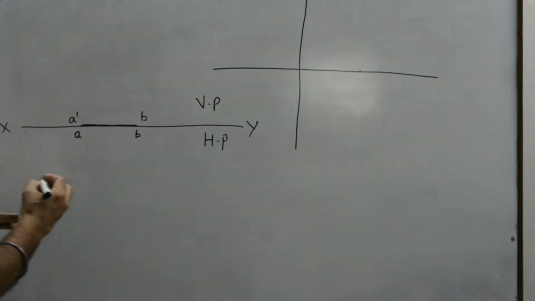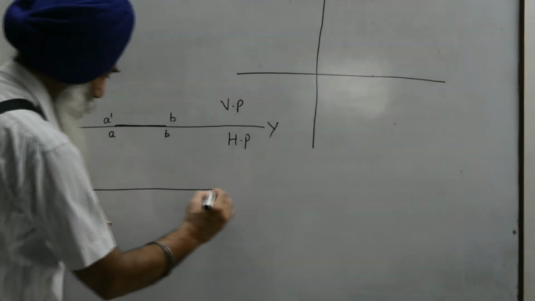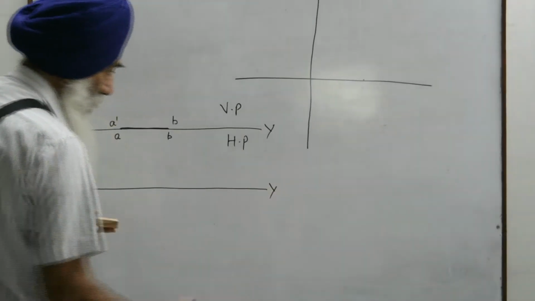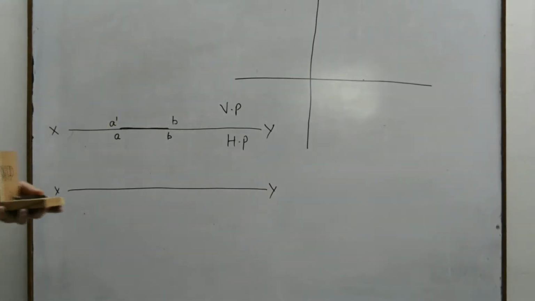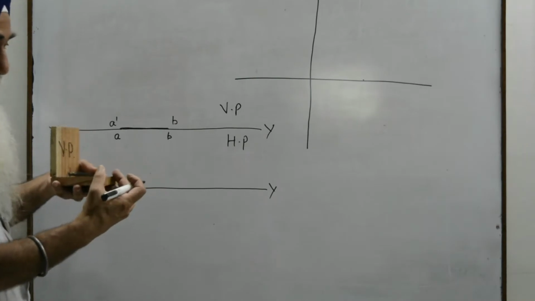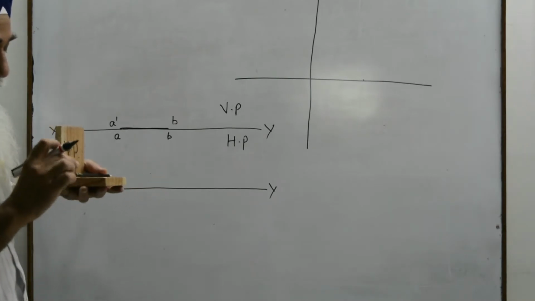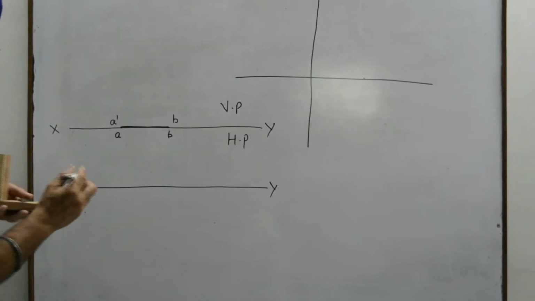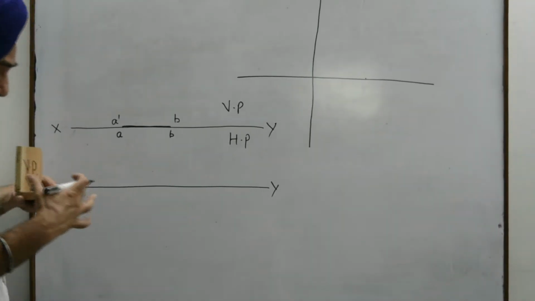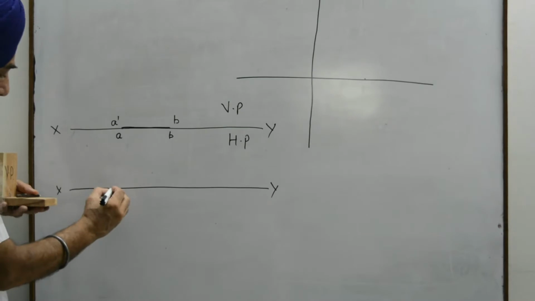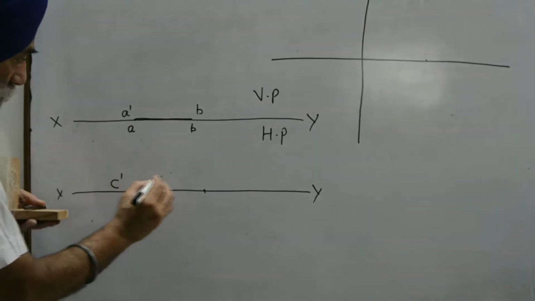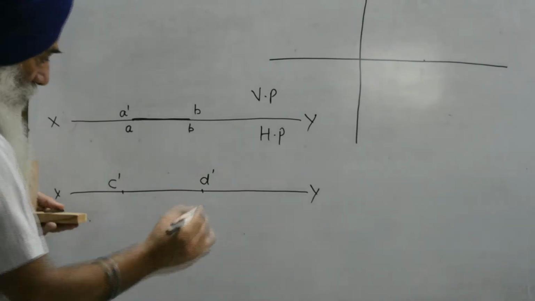Again you draw the XY line. Its view from the front is like this, because this line lies on the horizontal plane. Suppose the name of this line is CD. This is its length, and in the front view it is denoted by C dash D dash.